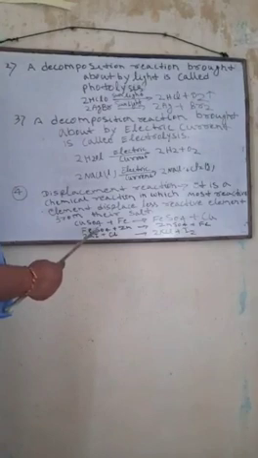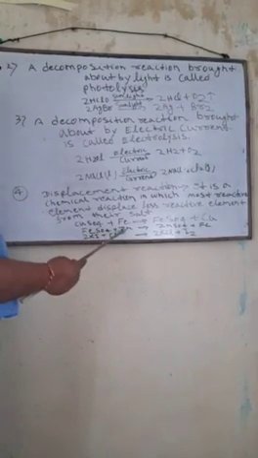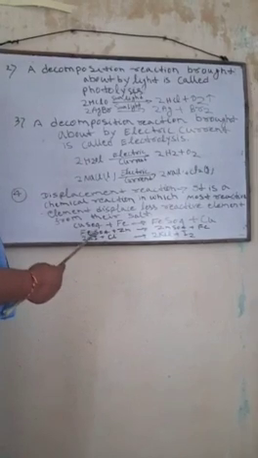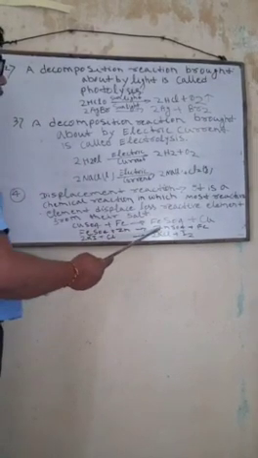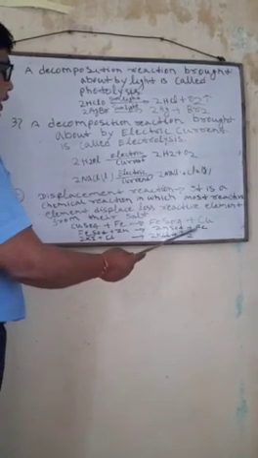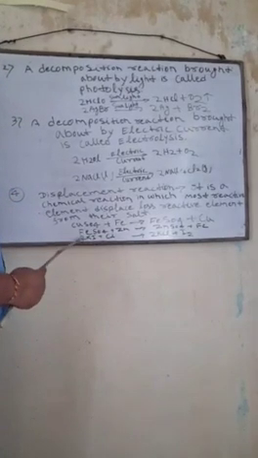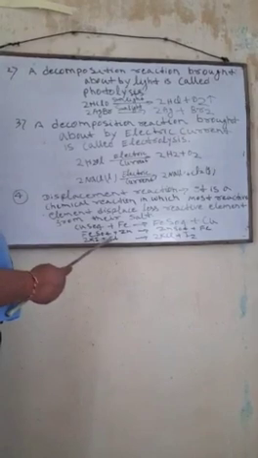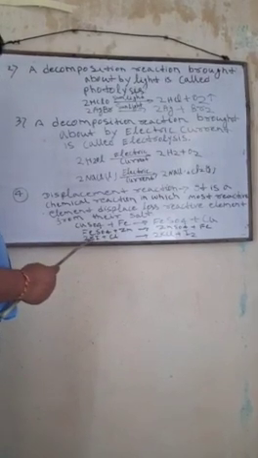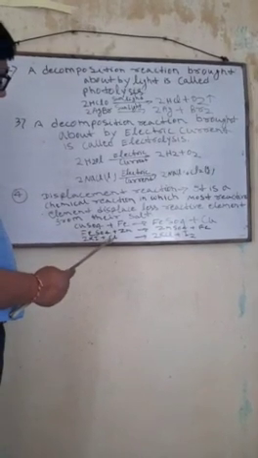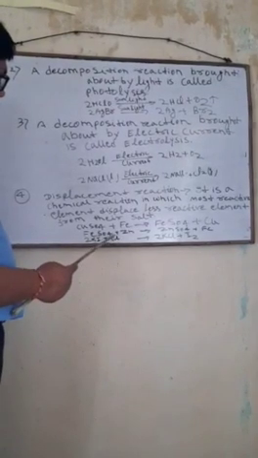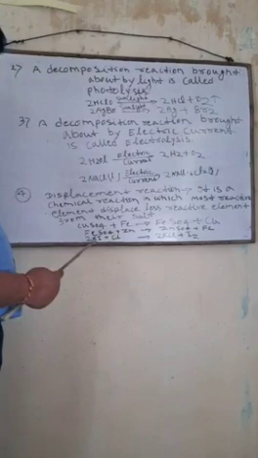Here FeSO4 reacts with Zn. Zn is more reactive than iron, so it displaces iron from its salt to form zinc sulfate and iron. Next, a less reactive non-metal is displaced by a more reactive non-metal.